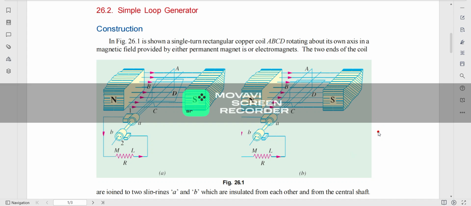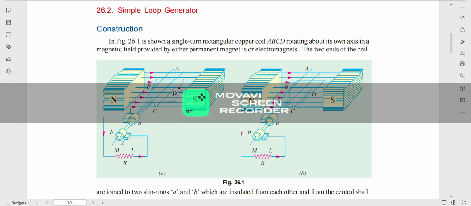As the loop rotates, the flux linking the coil sides AB and CD changes continuously. So in a coil there are two conductors, AB and CD, and the flux linking with these two conductors will be changing continuously since the coil is rotating. We are rotating this coil ABCD in such a way that the flux linked with both conductors is continuously changing.